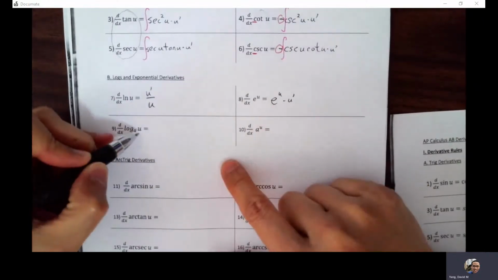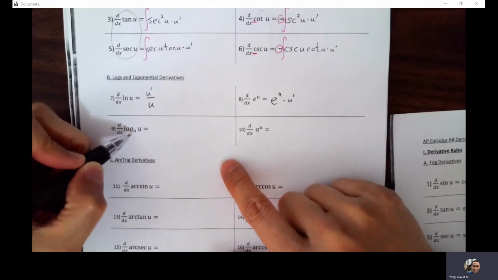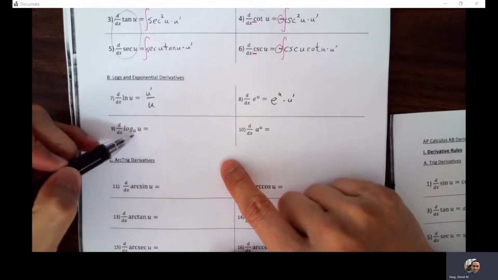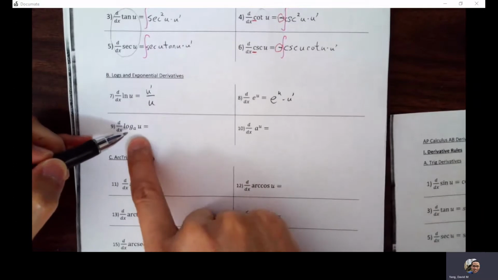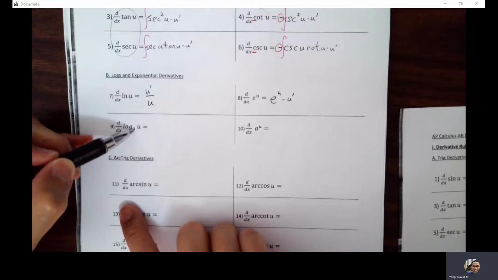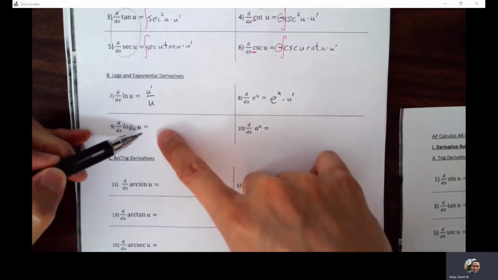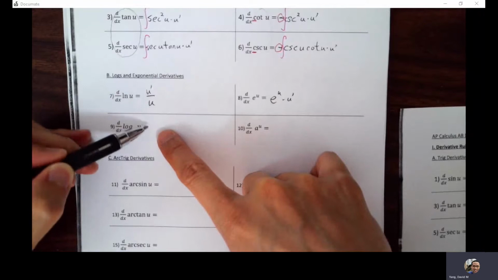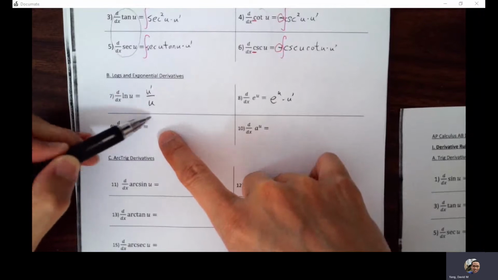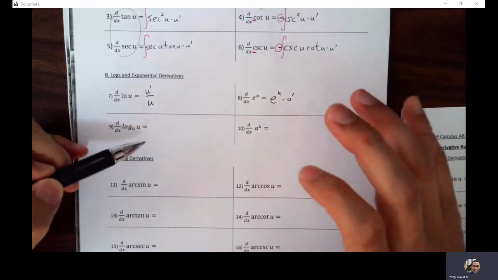So log base a of u, okay, natural log is log base e, but log base a is also a log function, just a different base, and base a just represents bases other than e. Could be base 2, could be base 3, could be base 4. And I want to show you that the derivative rule looks a lot like the natural log. There's just a little bit extra to deal with, to handle the conversion that needs to happen.